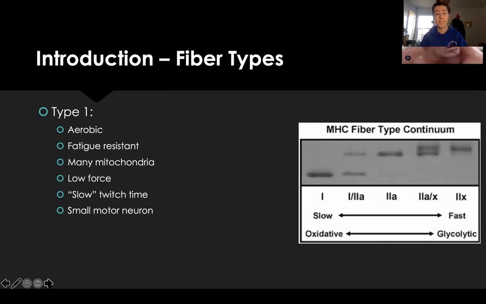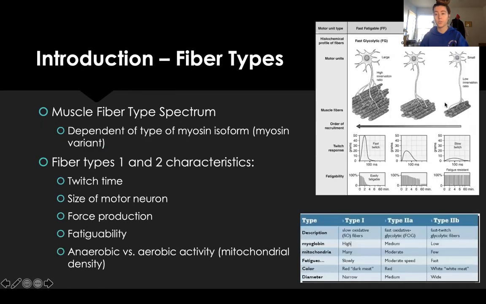It's fatigue resistant, so it can last longer. It has a lot of mitochondria because it's aerobic. It doesn't produce a lot of force, and it has a slow twitch time. In real speed they're really fast, but compared to type 2, they're slow. And they have a smaller motor neuron, like shown in this little picture.